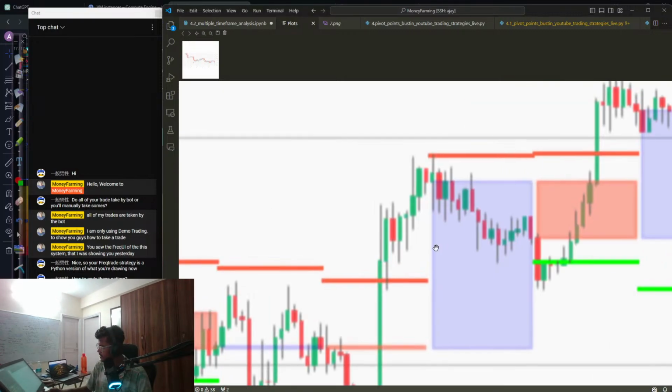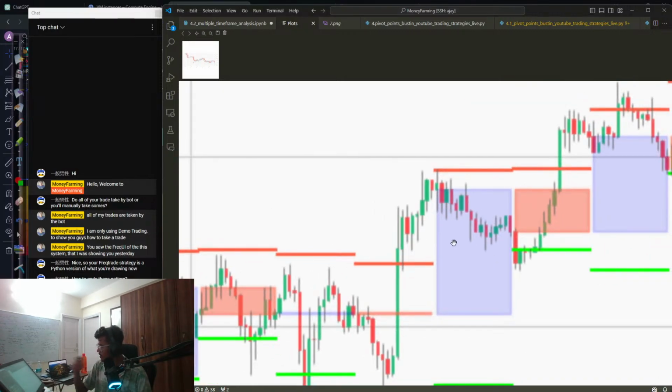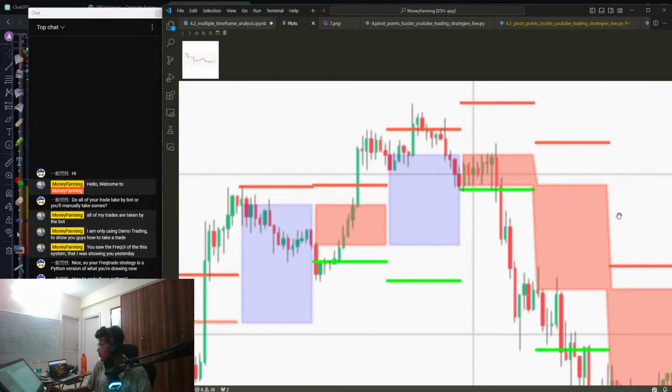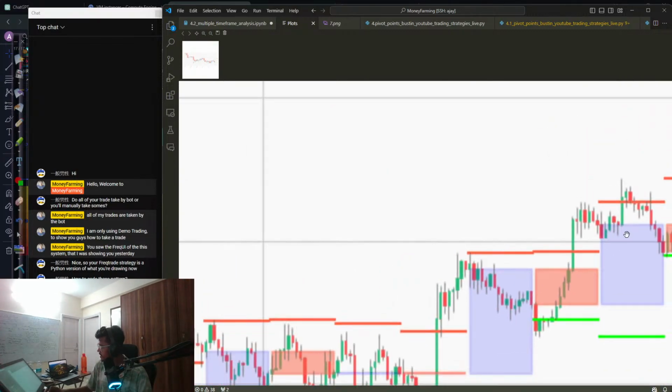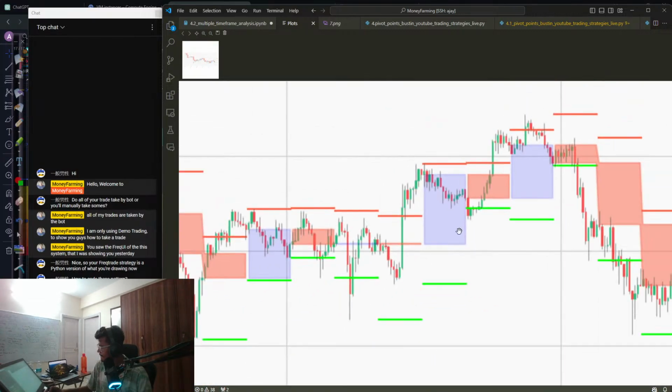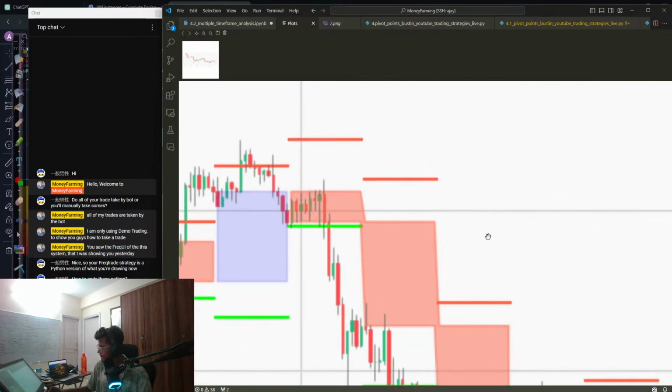So I want to code on this strategy. What do you think? Isn't it cool that you can see the 4 hour candle on 15 minutes?